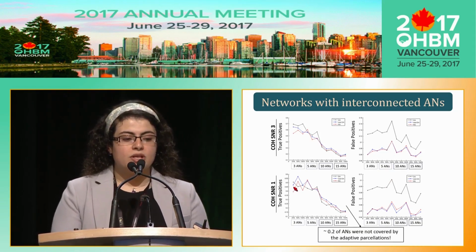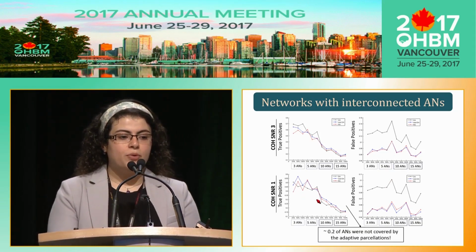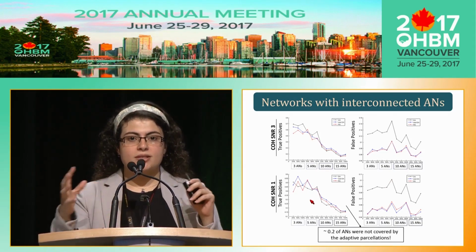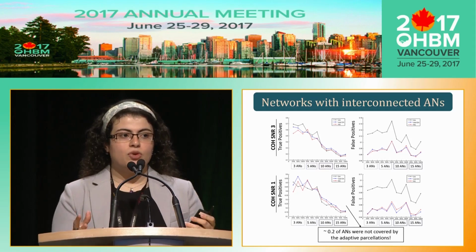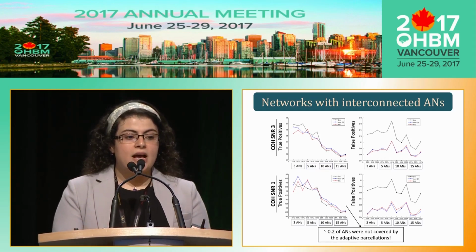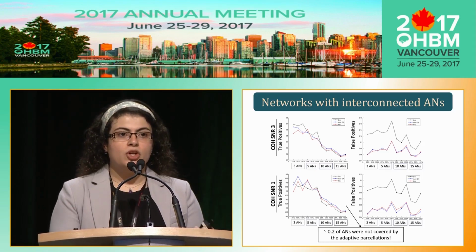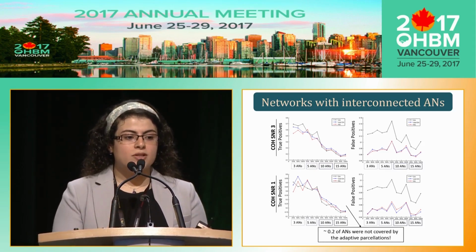It's also worth noting that the reason we see comparable TPRs is because, if you remember, we had a sparse sampling of the cortex using all the modified parcellations, and therefore, because the active nodes were uninformed about this, we lost around 20% of the nodes and connections just because of this sparse sampling.